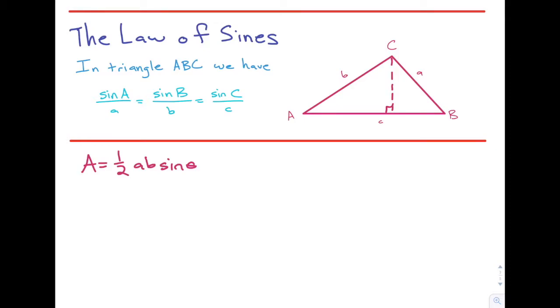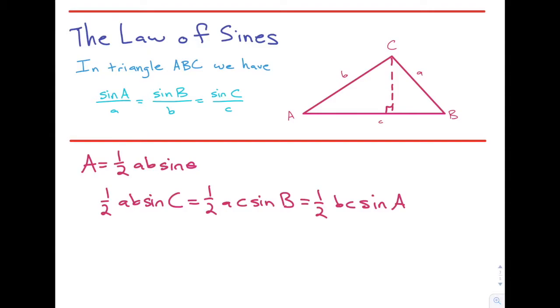Of course, if we're given multiple sides and multiple angles, we could define the area equivalently using different combinations of the sides and angles. So we could say that 1/2 ab sine C equals 1/2 ac sine B equals 1/2 bc sine A.